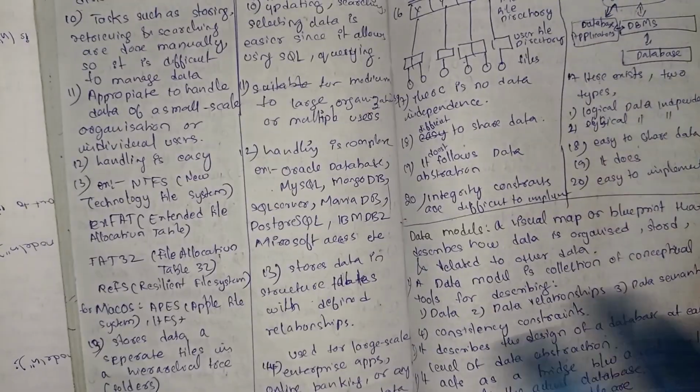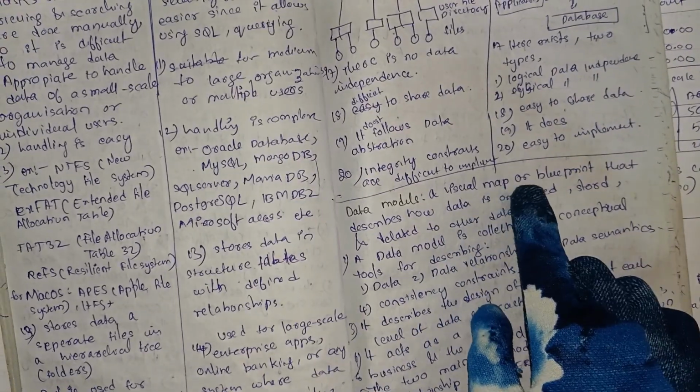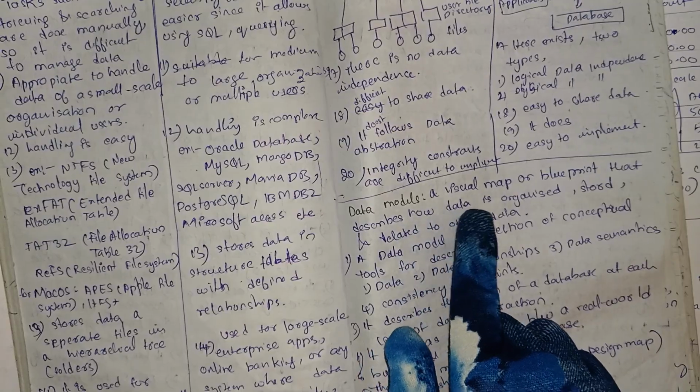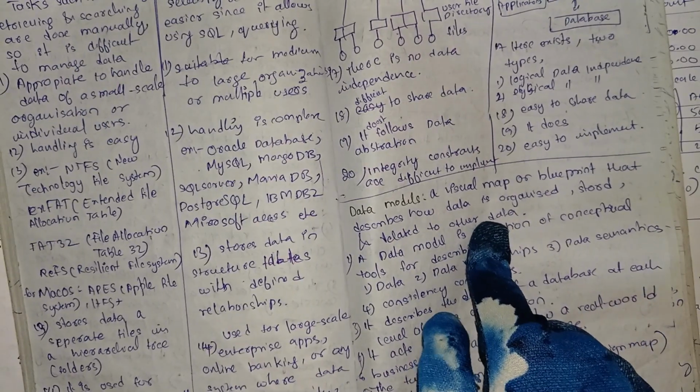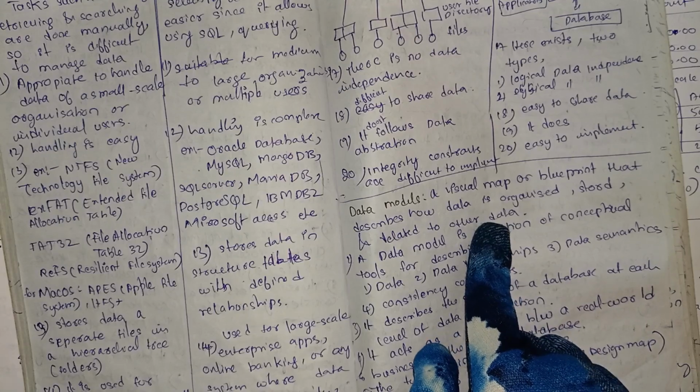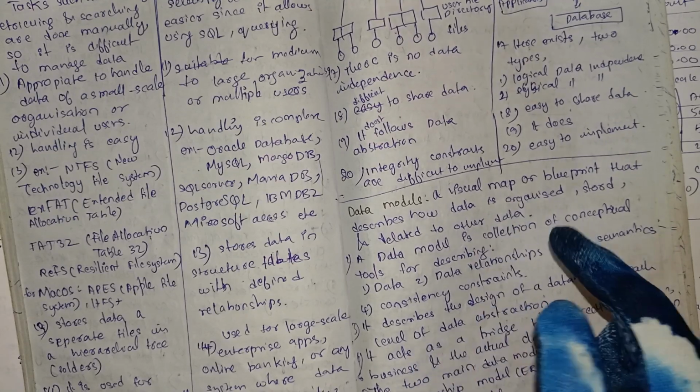So first, data model. A data model is a visual map or blueprint that describes how data is organized, stored and related to other data in a database system.